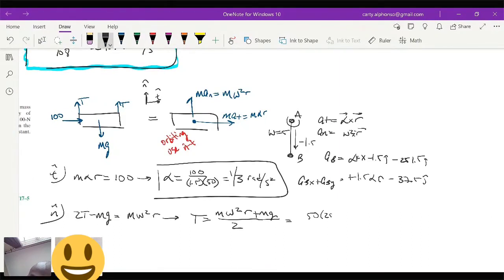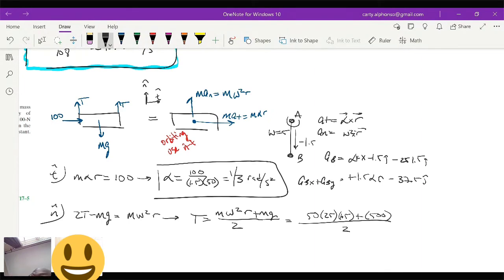And then this is going to be 25. This is 1.5. And it's going to be plus mass times gravity. I'm just going to approximate to 500 divided by 2. And that's just going to be some number. So let's figure that out. 50 times 25 times 1.5 plus 500, all divided by 2.